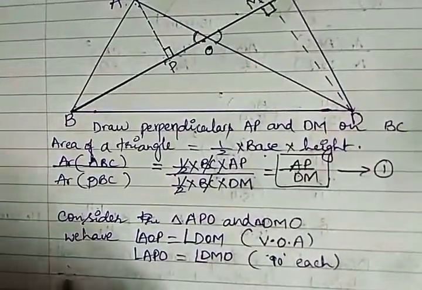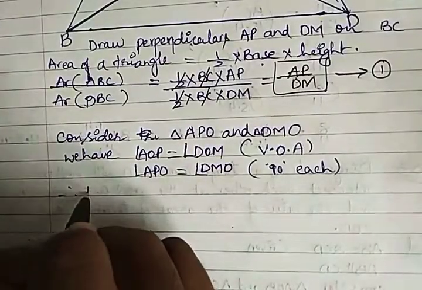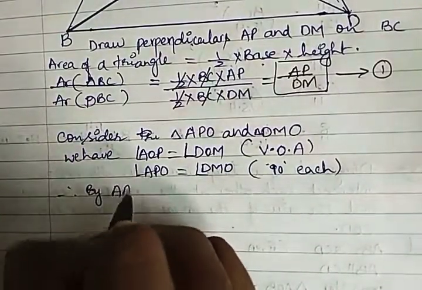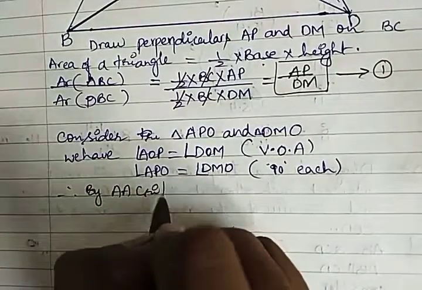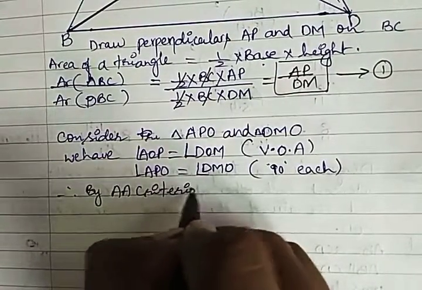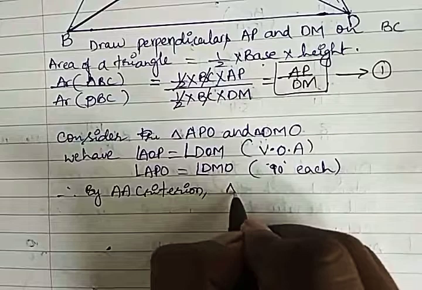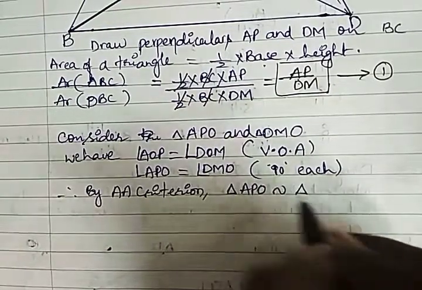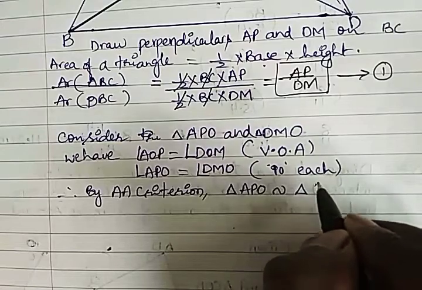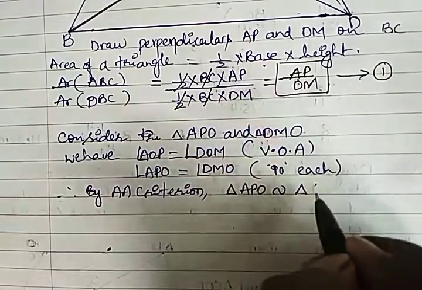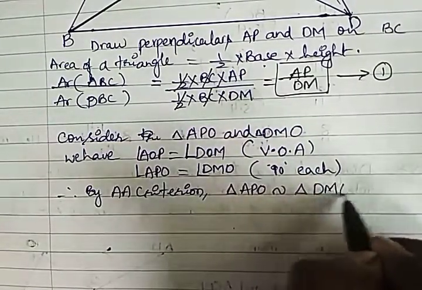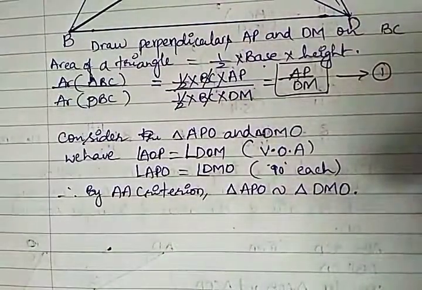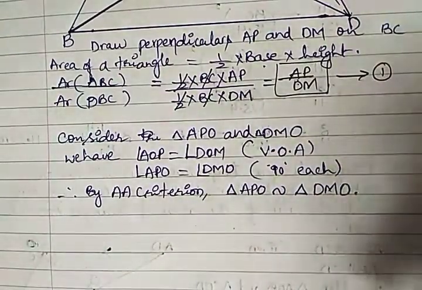So therefore, by AA criterion, triangle APO is similar to triangle DMO. These two triangles are similar.